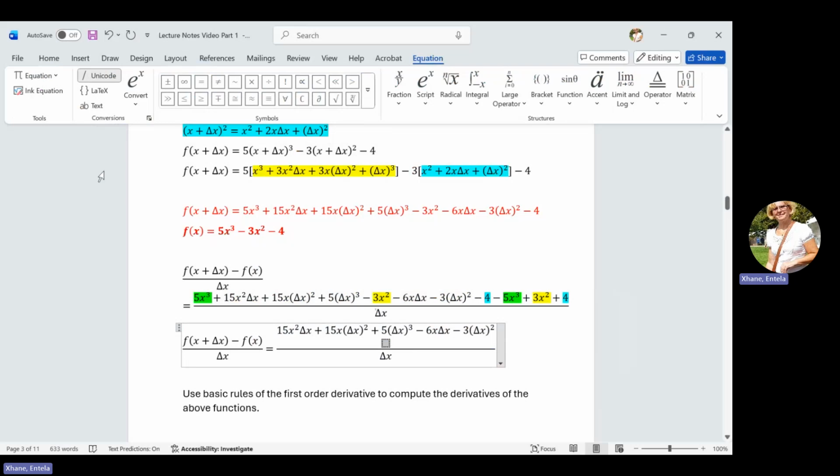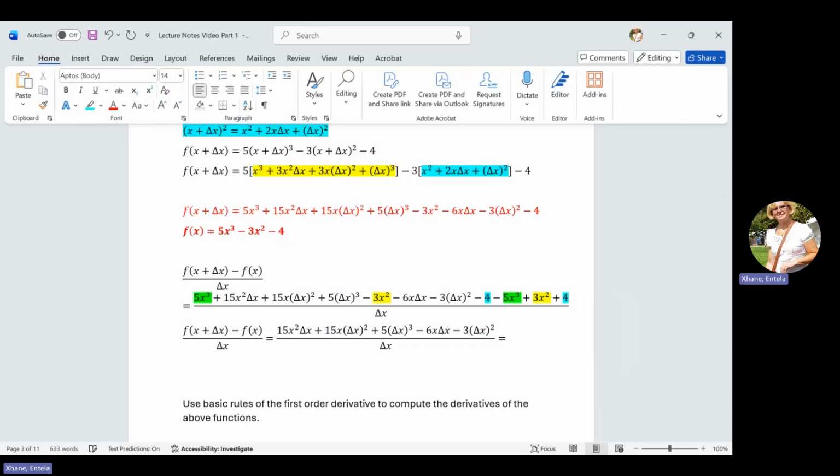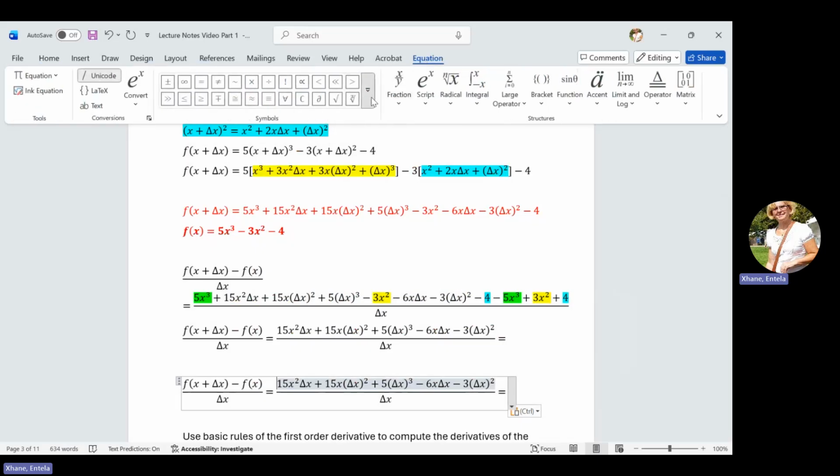In the next step, I'm going to factor out a delta x. As you notice, there's a delta x at the top that they all share together. So that means I can factor it out. And then if I factor out delta x, I'm going to copy this expression and then adjust. So I'm factoring out a delta x.